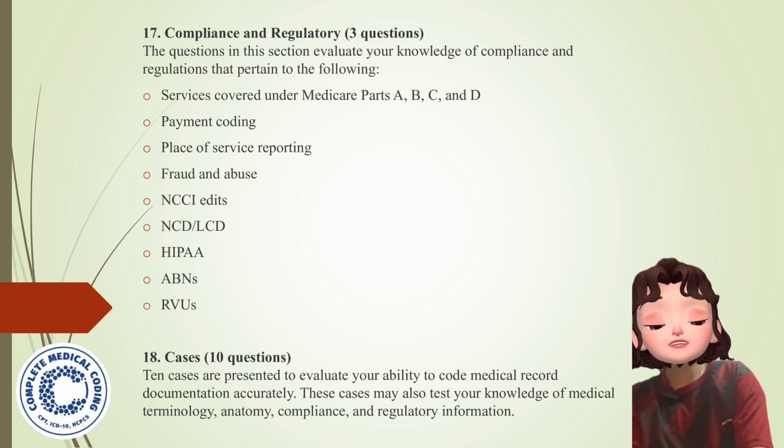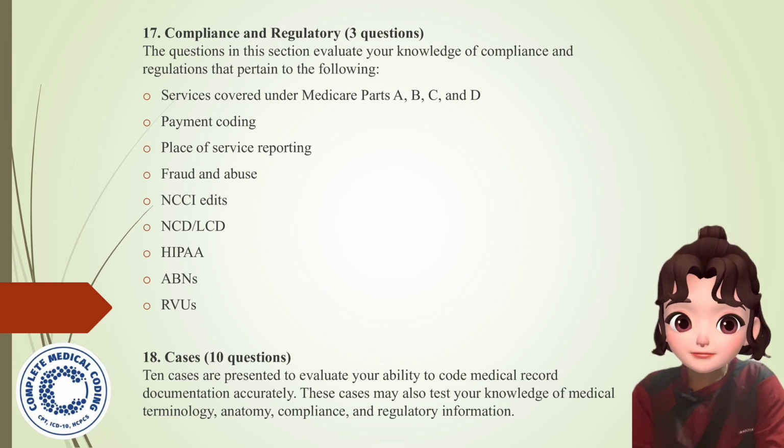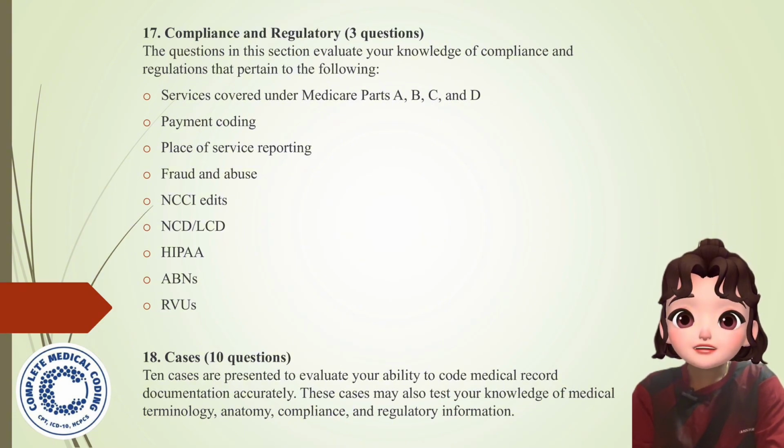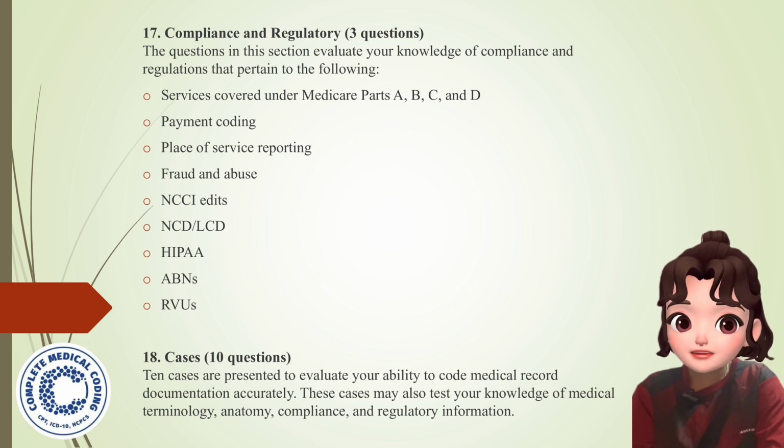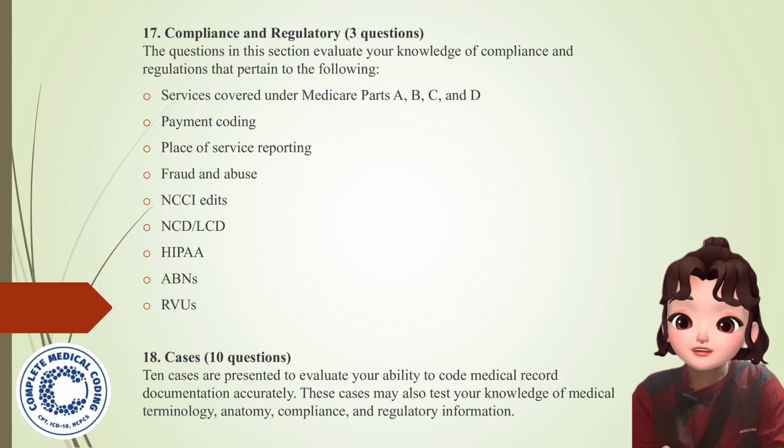These are the important points you need to learn: services covered under Medicare Parts A, B, C, and D, payment coding, place of service reporting, fraud and abuse, NCCI edits, NCD-LCD, HIPAA guidelines, ABNs, RVUs. NCCI edits I'll be covering in a separate video. Apart from that, HIPAA, ABN, and RVUs I have already covered from the compliance and regulatory section.